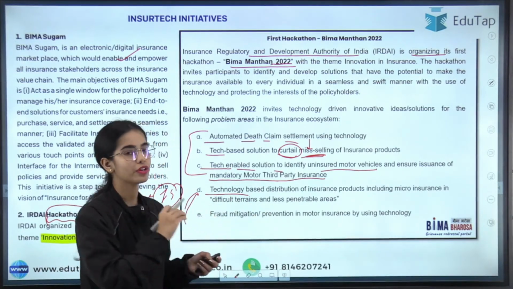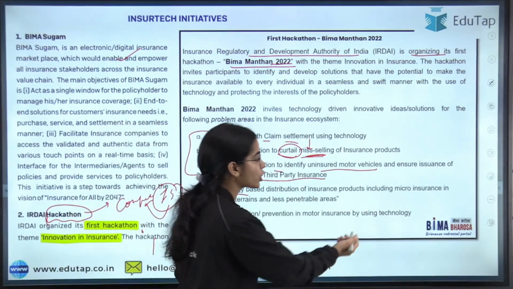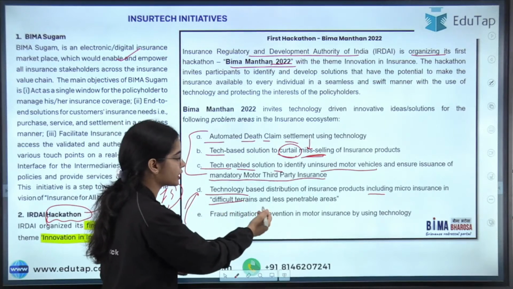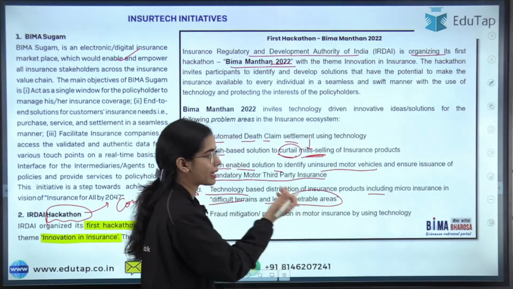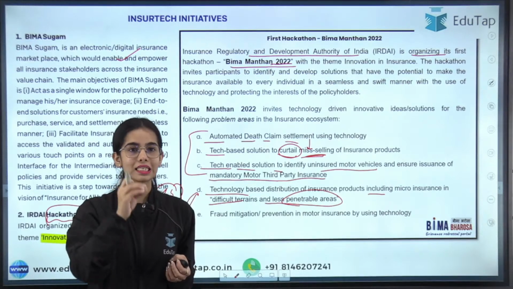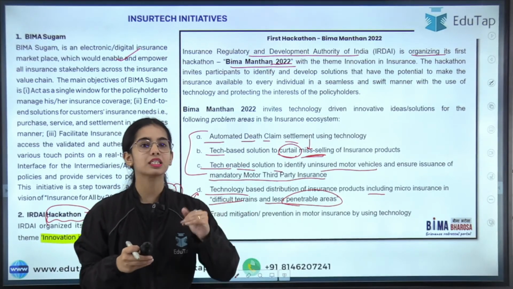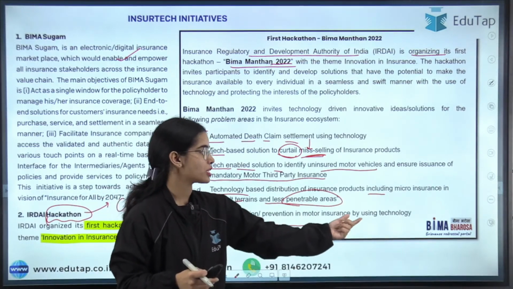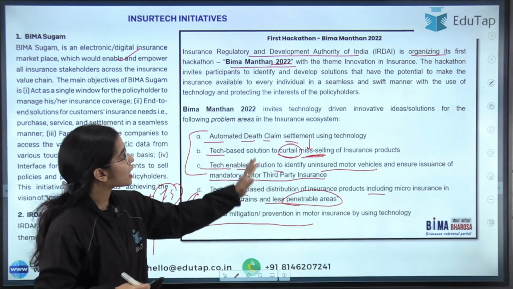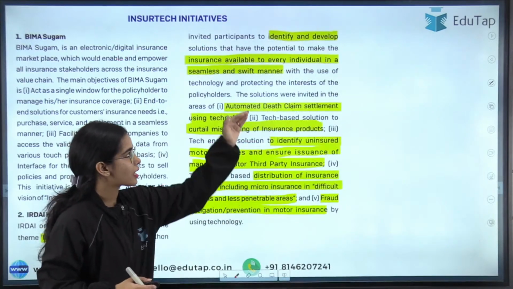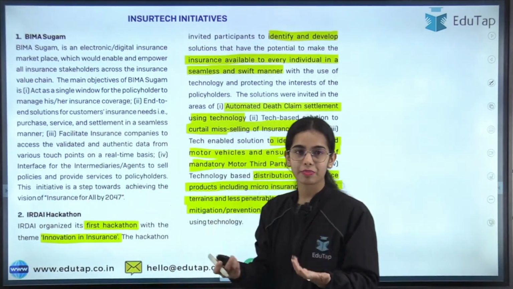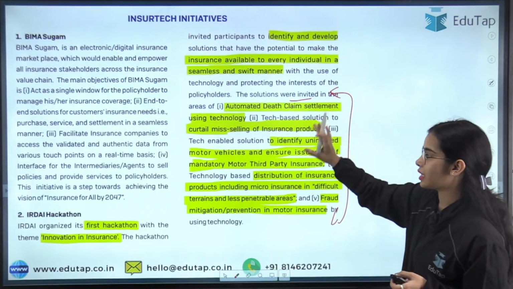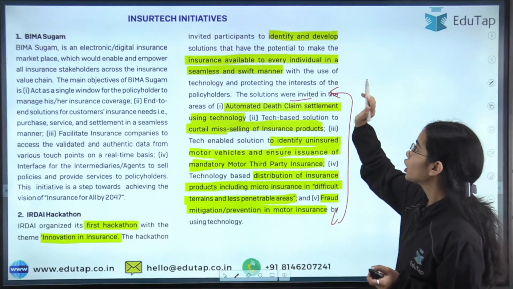Fourth, technology-based distribution of insurance products, including micro insurance, that is small insurance for difficult terrains and less penetrable areas. So micro insurance, small insurance, or the easier, cheaper insurance that can be provided. Fifth, fraud mitigation or prevention in motor insurance by using technology. So these are the 5 problem statements that have been provided, and solutions were invited in these areas.